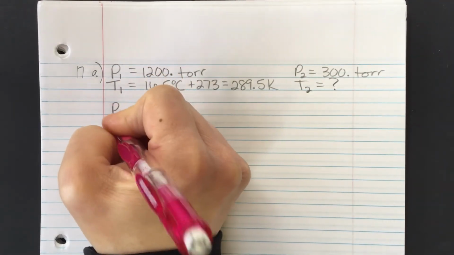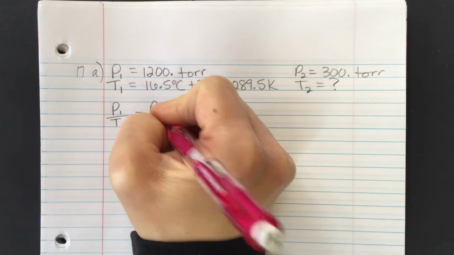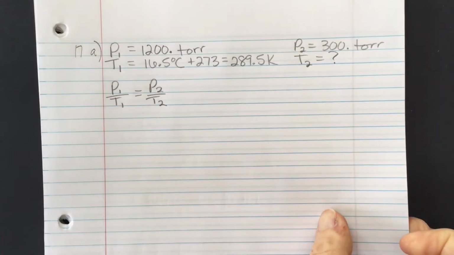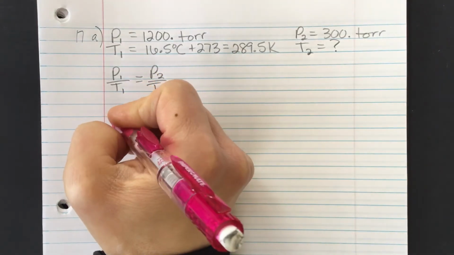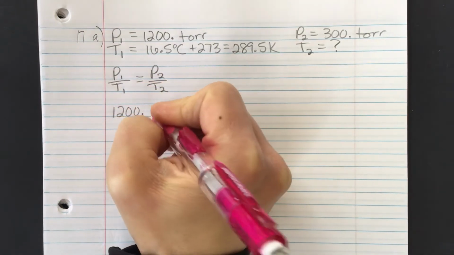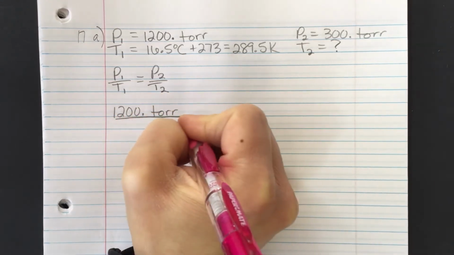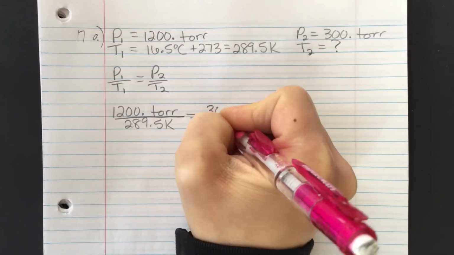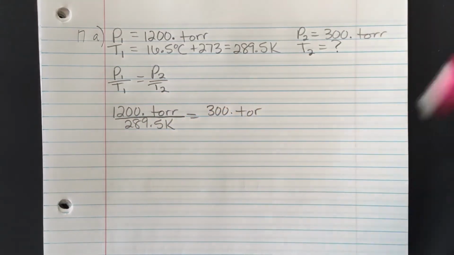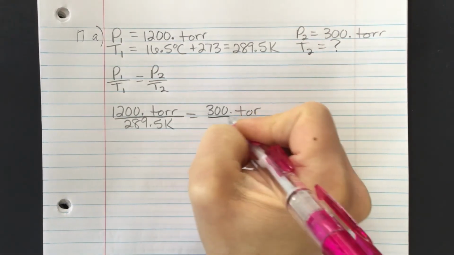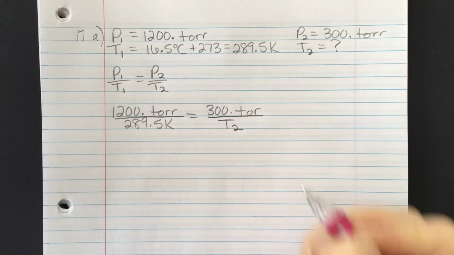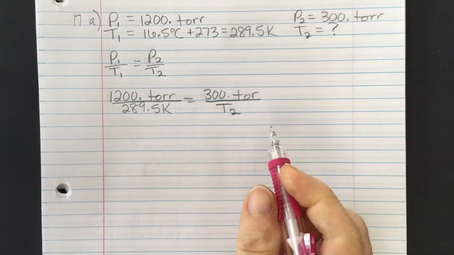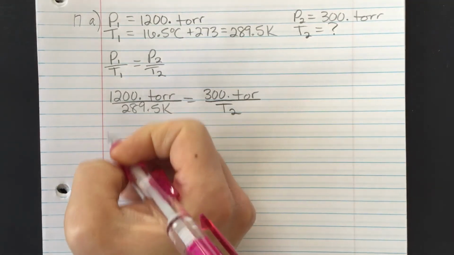So my equation, P1 over T1 equals P2 over T2. Plug in my numbers, 1200 torr over 289.5 Kelvin is 300 torr over T2. Okay, in this case, I'm going to want to cross multiply.